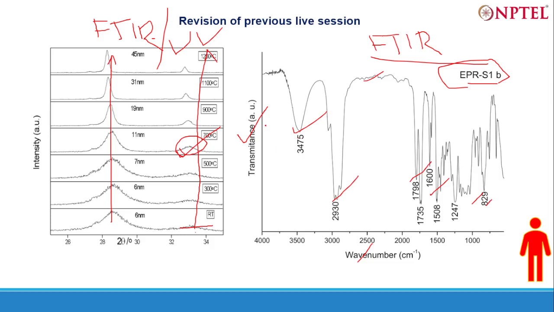So from these wave numbers we can identify which functional groups are present in the sample. This can give good insights into what the different characteristics of the sample are, what is there in the sample.